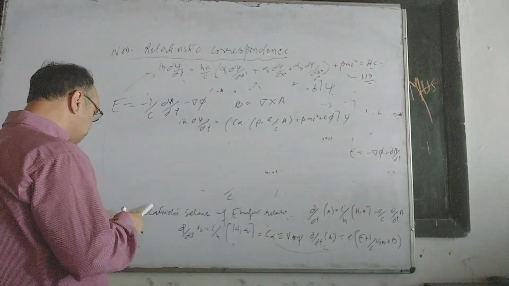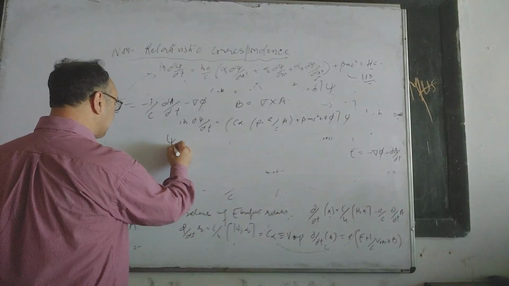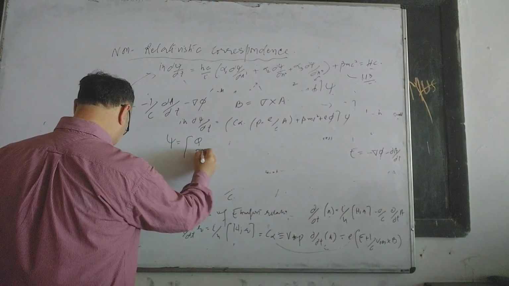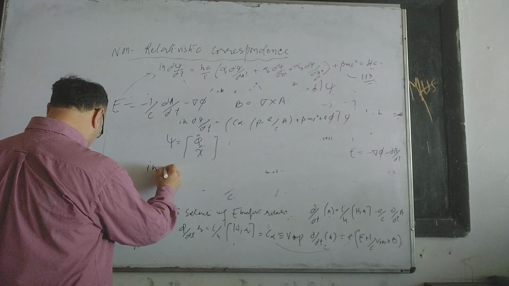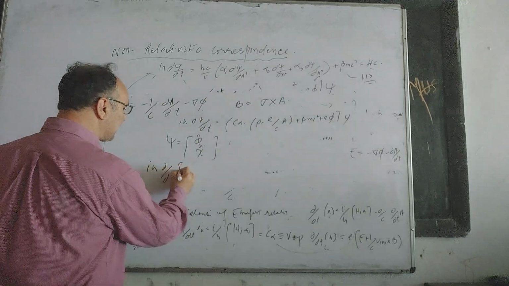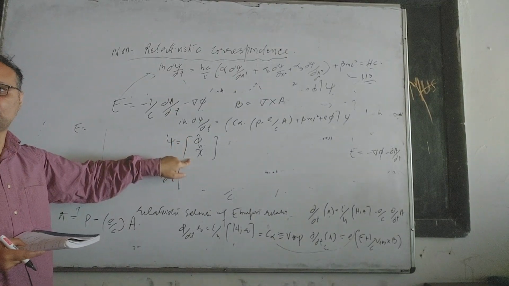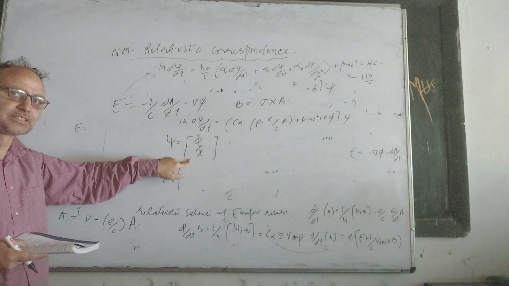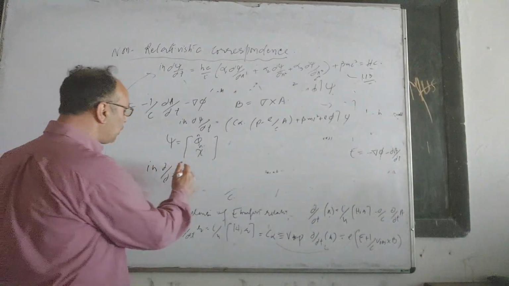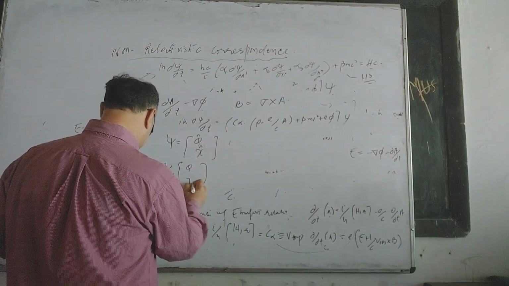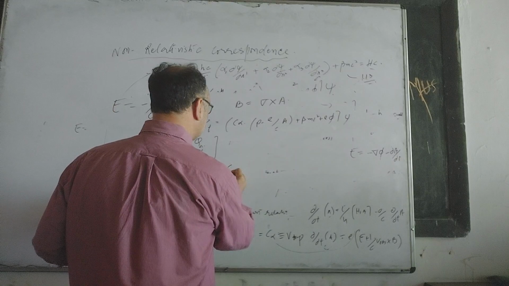So the equation we will have: if we have the wave function psi, its two component form will come like this. Then we can write it as d by dt of psi. We take the two component form of psi, which will correspond to those positive solutions, okay? So in terms of phi and in terms of chi. So this equation can be written in terms of this c alpha.